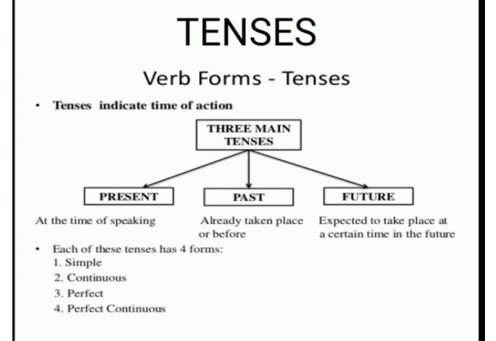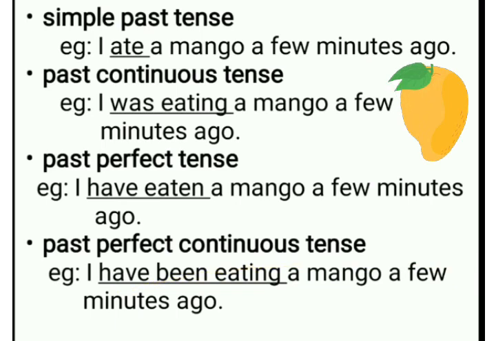And in today's video, I'm going to explain the four forms of past tense: simple past, past continuous, past perfect, and past perfect continuous. Simple past tense. So the example is, I ate a mango a few minutes ago. In this sentence, you can see that we are using the second form of the verb.